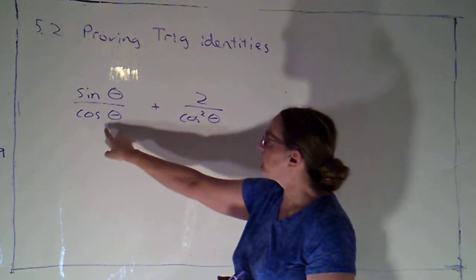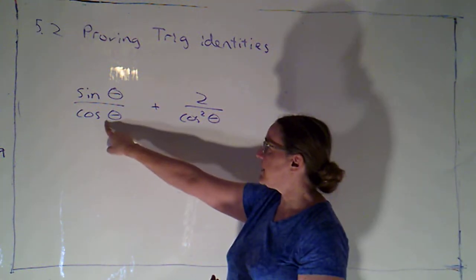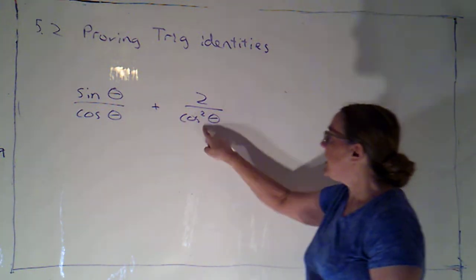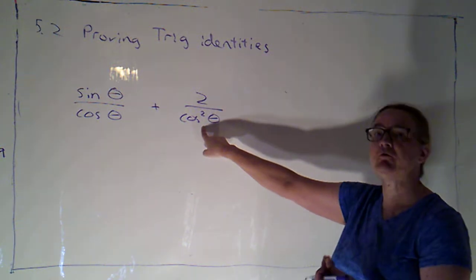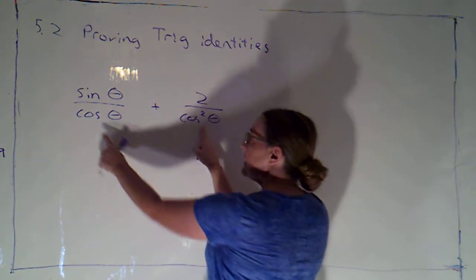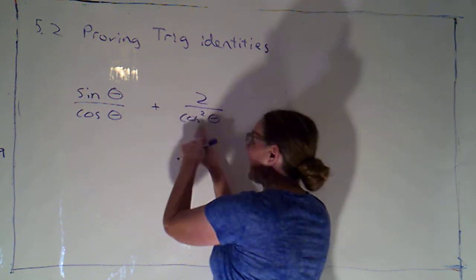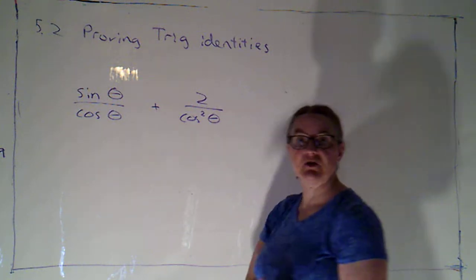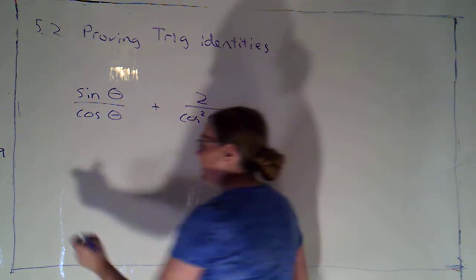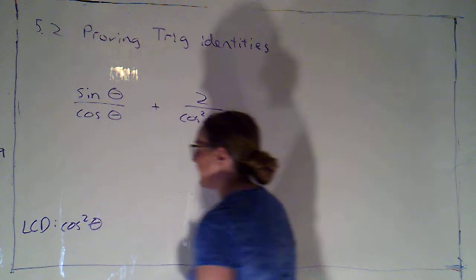So when I'm working with fractions, I know I would need a common denominator. Here my denominator is cosine of theta. Here it's cosine squared, which is 2 factors of cosine theta. So this denominator divides evenly into this denominator. I can get to this one by multiplying that one just by cosine. So I'm going to say my LCD, my least common denominator, is cosine squared theta.